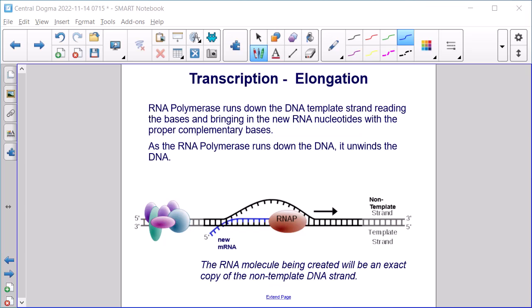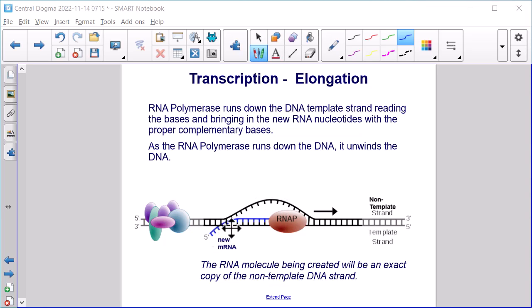Transcription elongation. RNA polymerase here runs down the DNA template strand, reading the bases and bringing in the new RNA nucleotides with the proper complementary bases. You can see that in blue, the new mRNA.